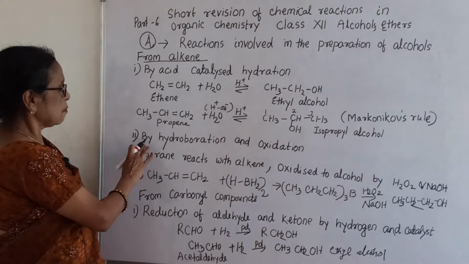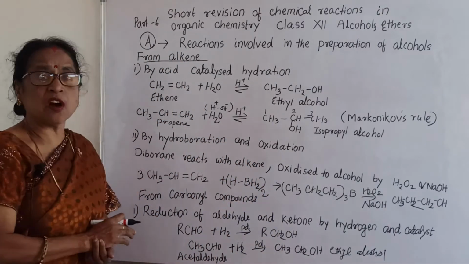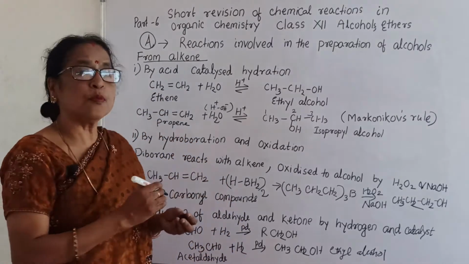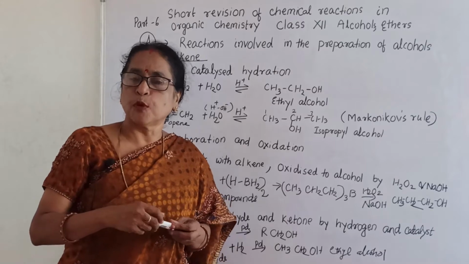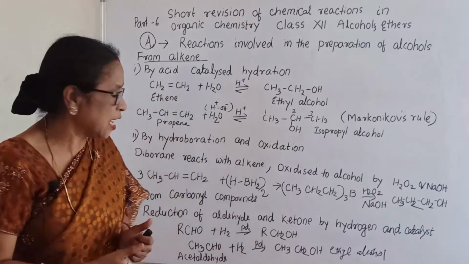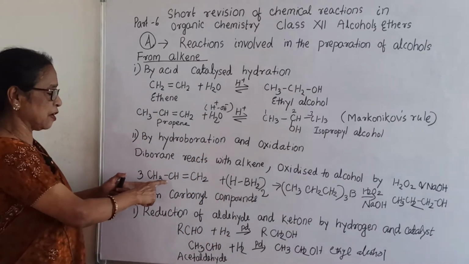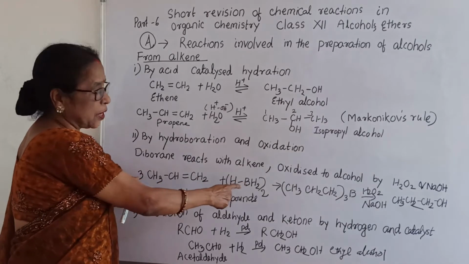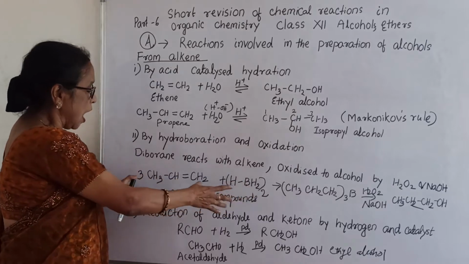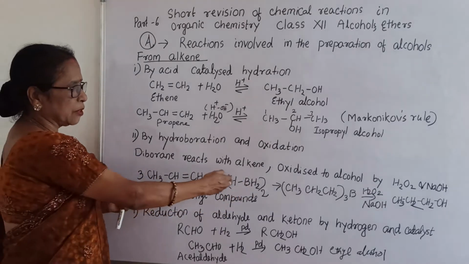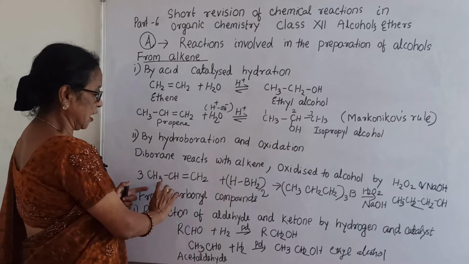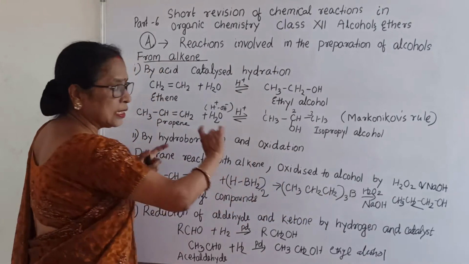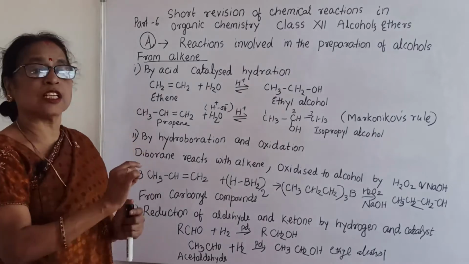Now next is by hydroboration and oxidation. In the first process you take hydroboration. That means you take diborane, or you can say boron. Here you are taking propene plus diborane, B2H6, and when it combines 3 times, the result is CH3CH2CH2 three times attached to boron.